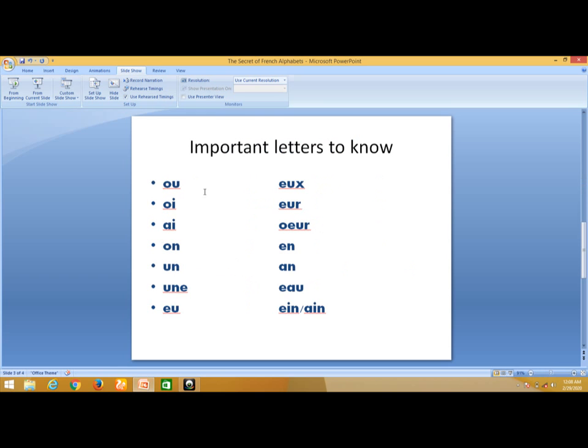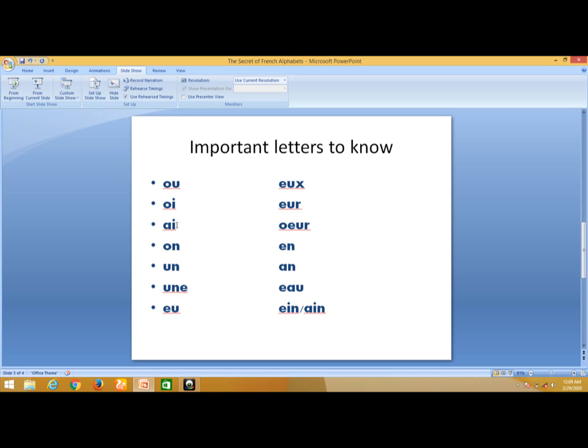So these are some important letters to know, and you have to know them. There's no way you can read French perfectly without knowing these letters. So I will help you. The combination of O and U is pronounced as what? It's pronounced as U. Say it, U. So the combination of O and I is pronounced as UA.